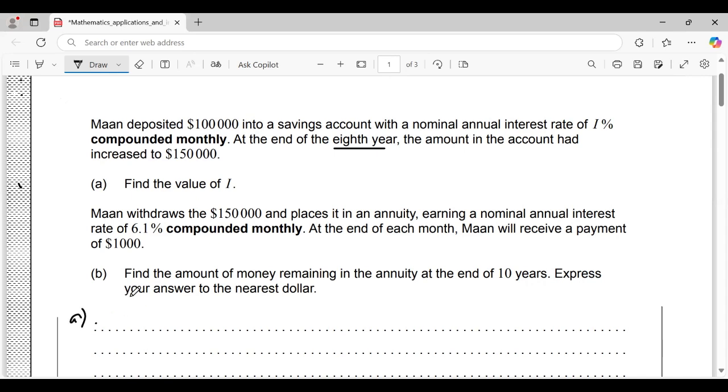Part A. So N, it equals a year, it means 8 times 12, 96.